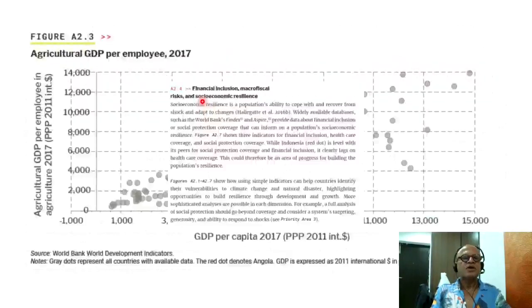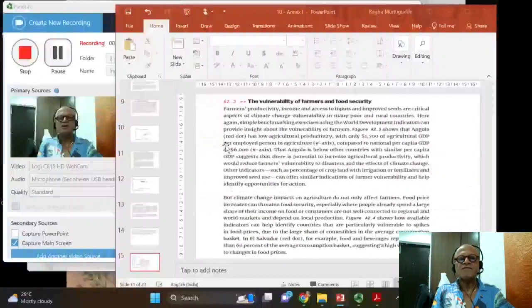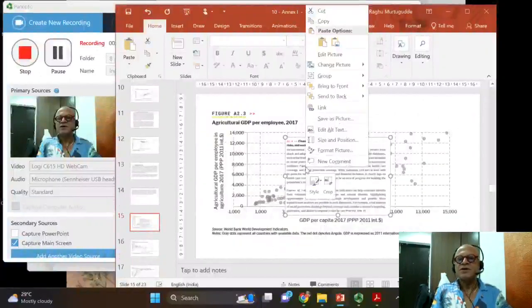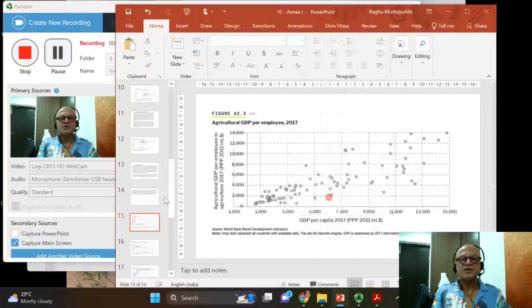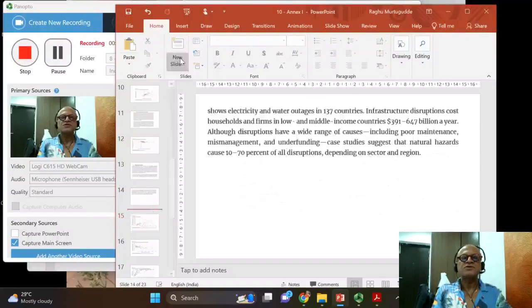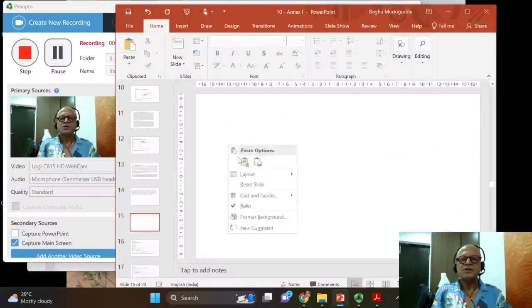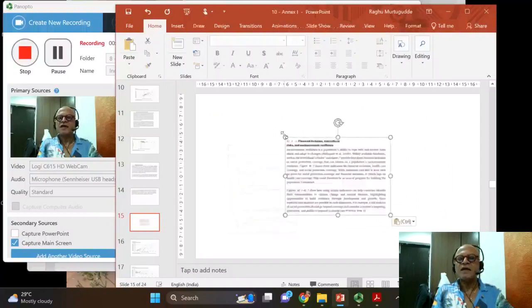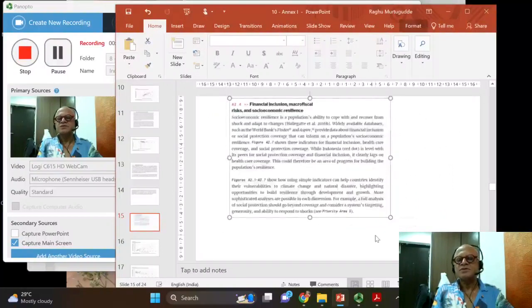So 2.3 and 2.4, this is arranged in a haphazard way. So let me go to 2.3. That's my fault. Agricultural GDP per employee. Oops, I screwed that up. Let me fix that a little. This is not supposed to be here, so this is going to go here. I'm doing this on the fly. Oops.